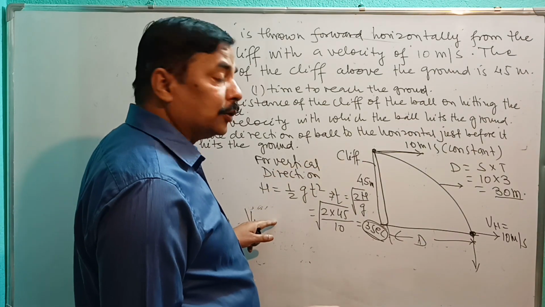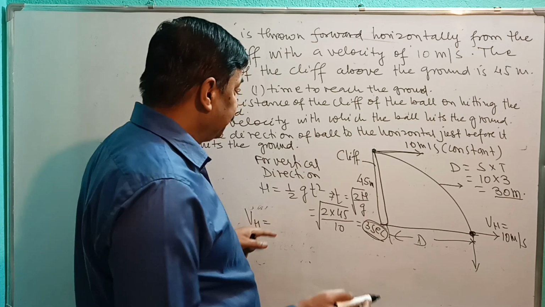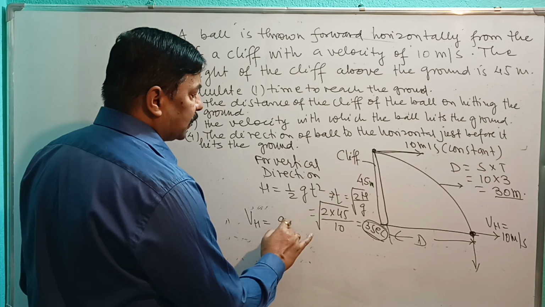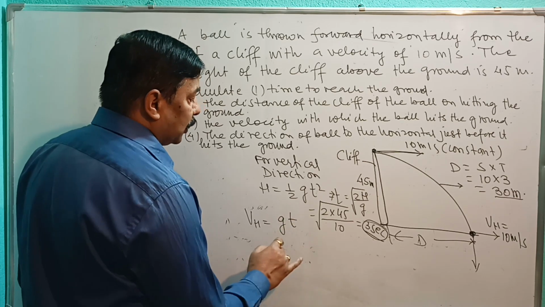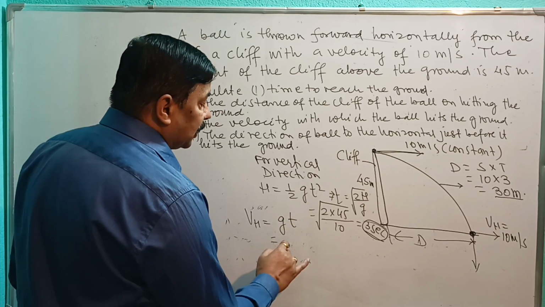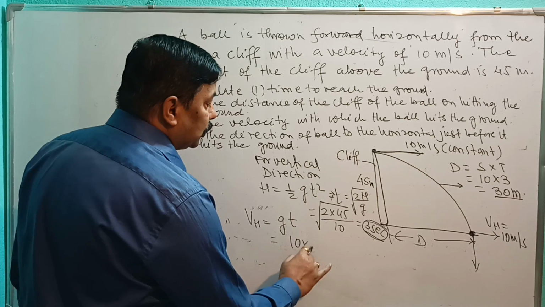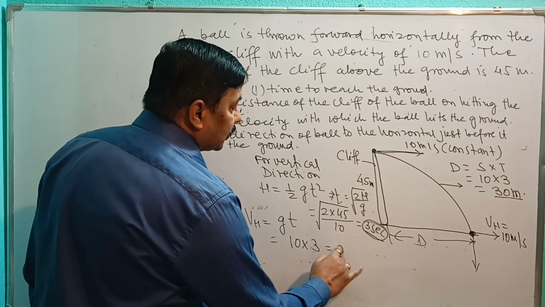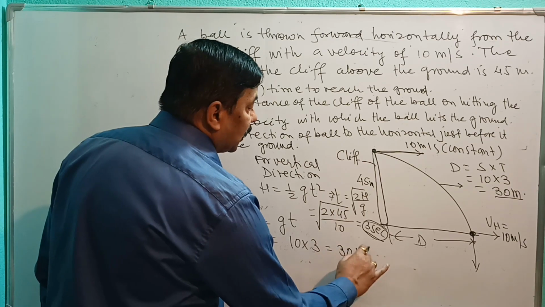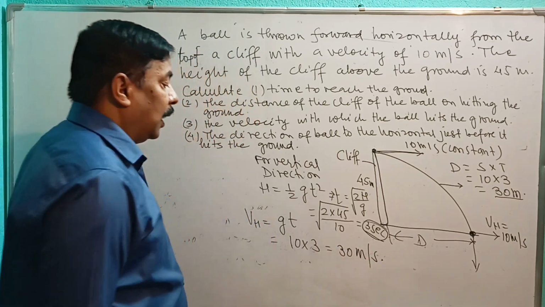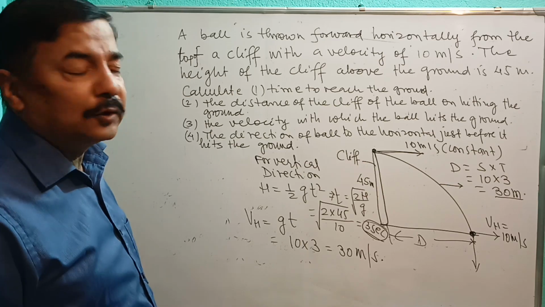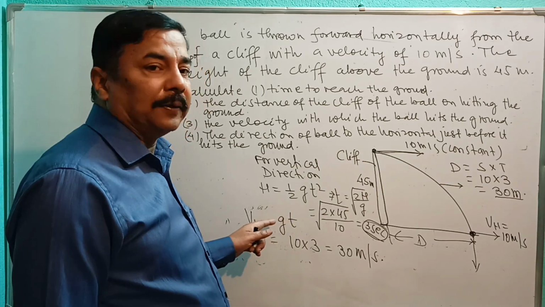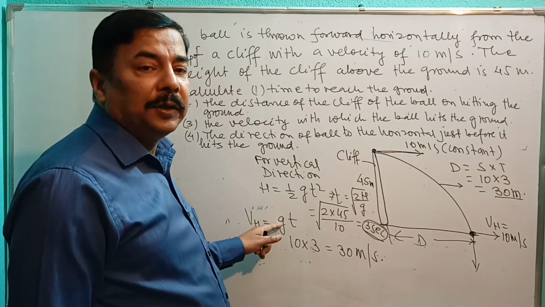v is equals to u plus at. So it is your gt, because g is there, vertical direction, gt. So it will be giving you g is 10 into t is 3, that is 30 meter per second. Now, one thing that has to be understood, basically you can again ask the question, yes, g should be negative.